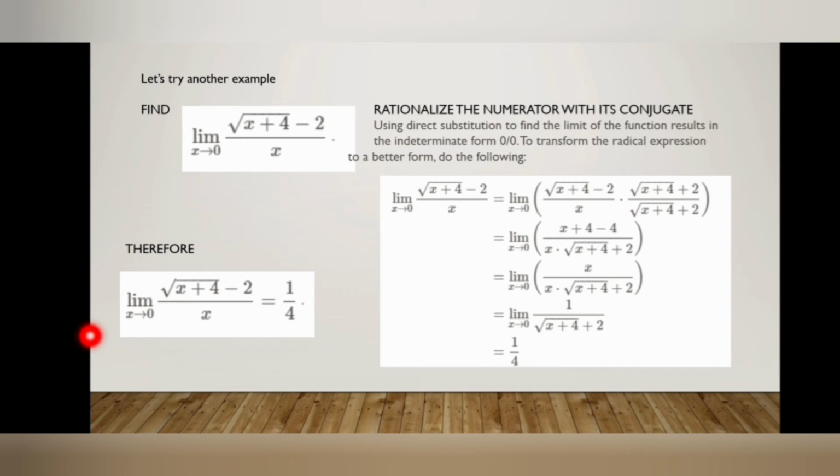And when simplified, this becomes the limit as x approaches 0 of 1 over square root of x plus 4 plus 2, which is equal to 1 over 4. Therefore, the limit as x approaches 0 of square root of x plus 4 minus 2 over x is equal to 1 over 4.